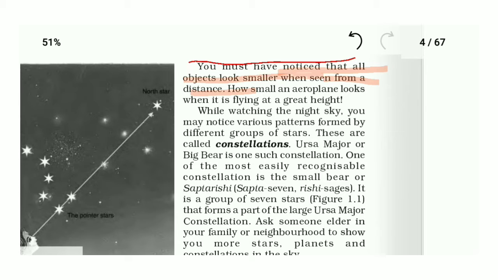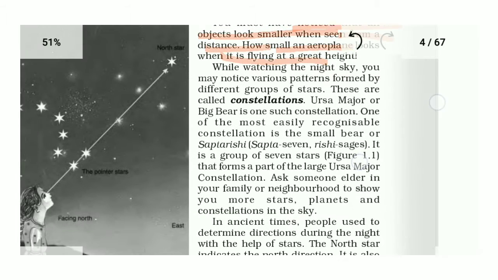That is a term in physics, the reference point. It depends on how small an aeroplane looks while it is flying at a greater height. Obviously an aeroplane is very big, a huge number of passengers are carried in it, and still it looks very small when seen from the ground because it is at such a great height.